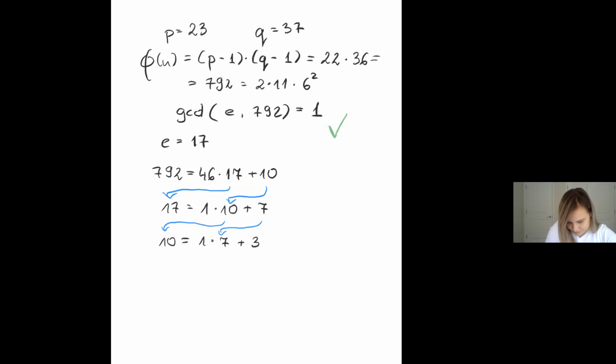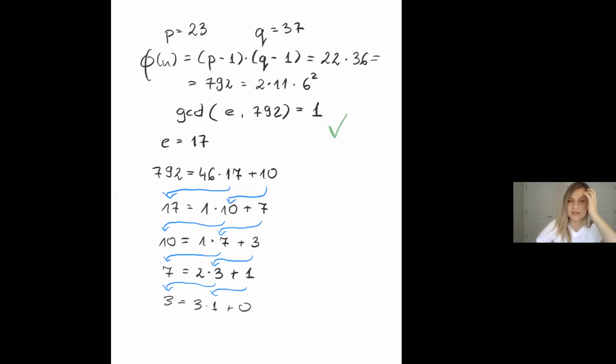Then 7 we can write as 2 times 3 plus 1. In the next step, since we have 1, some students like to finish with 0 at the end. So 3 can be represented as 3 times 1 plus 0.